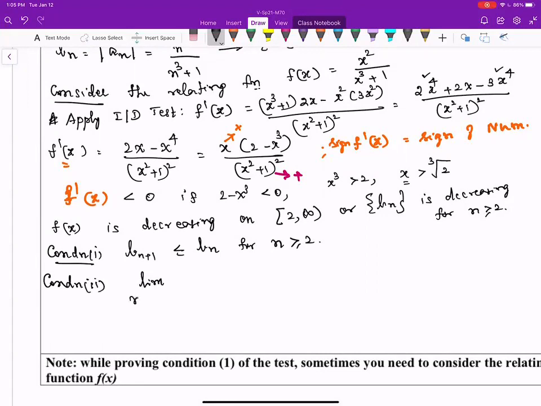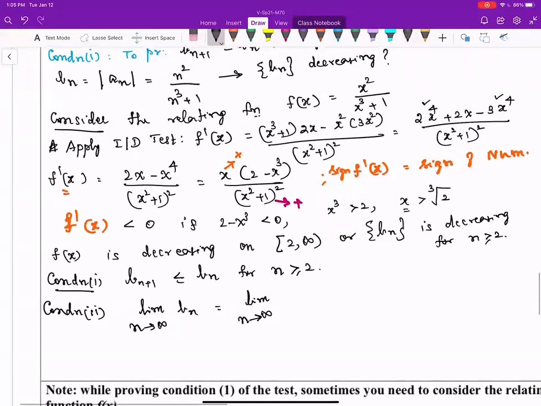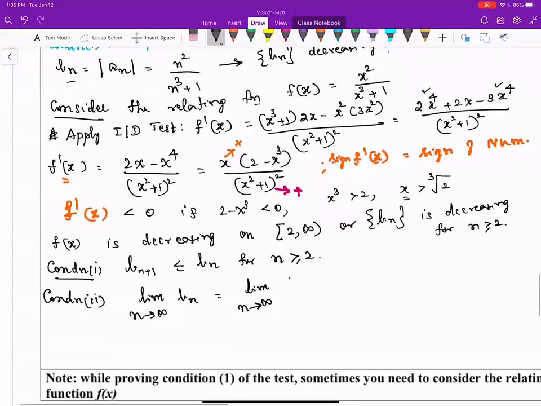So what is condition 2? The limit as n approaching infinity of b_n should be equal to 0. So let's see whether it is true. Limit as n approaching infinity of b_n, the positive part of a_n, is n squared over n cube plus 1.